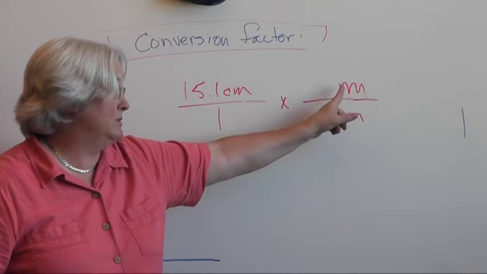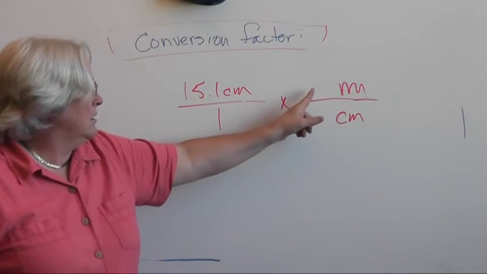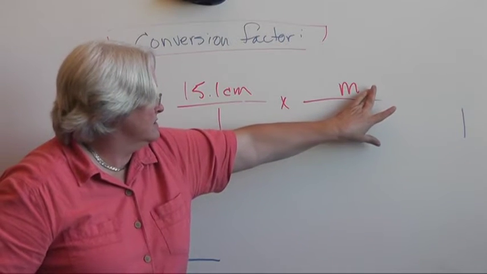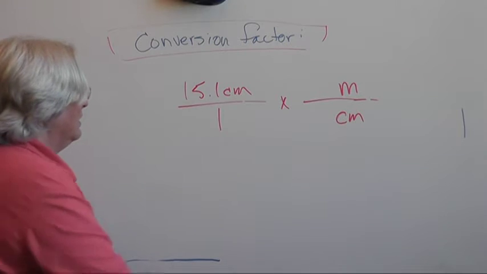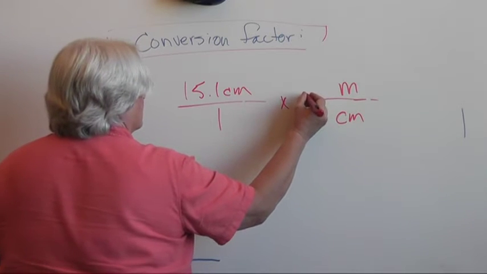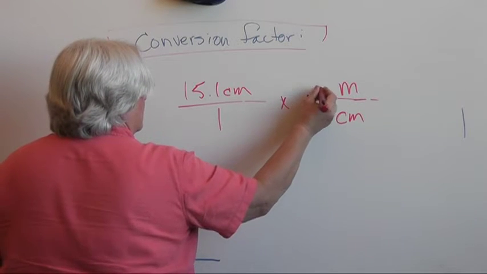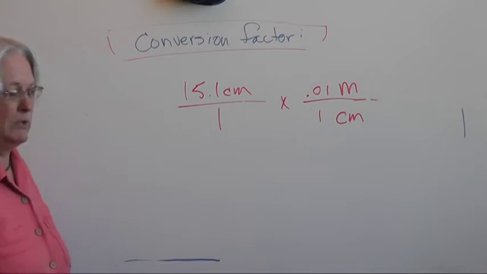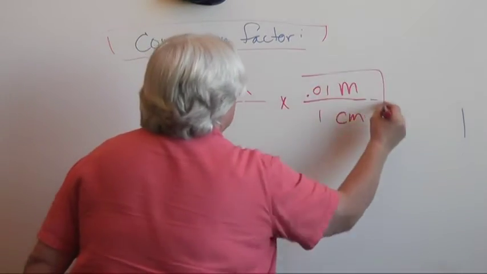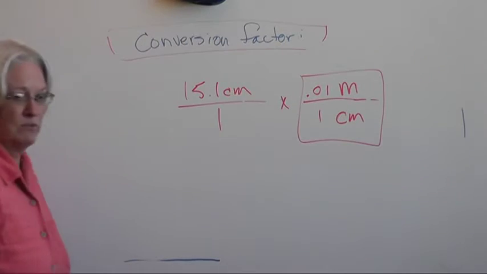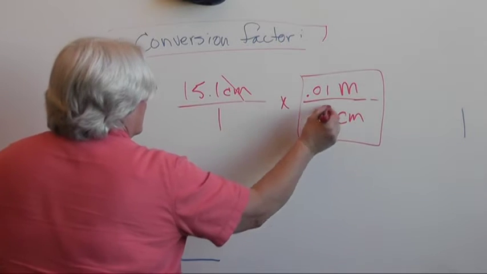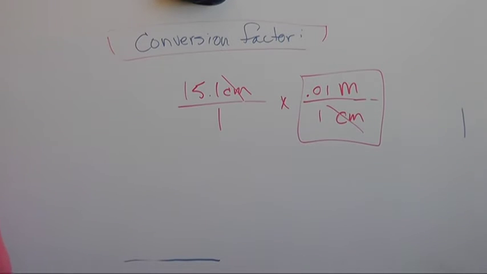So what's the relationship between meters and centimeters? Well, 1/100th of a meter is equal to 1 centimeter. So this right here is the conversion factor. And this is where we had those like units cancel. Okay?